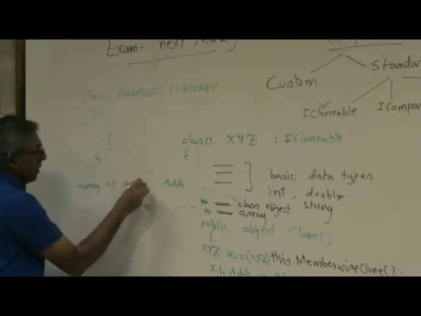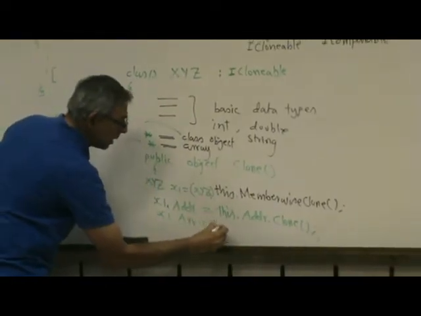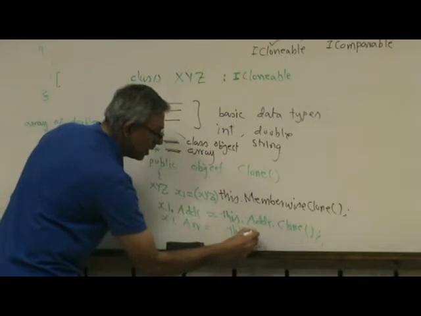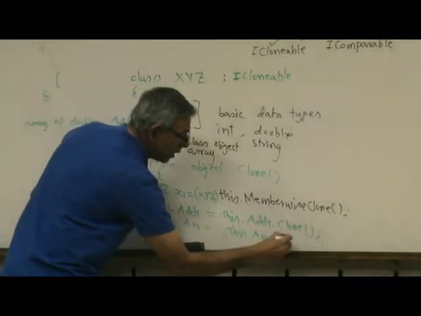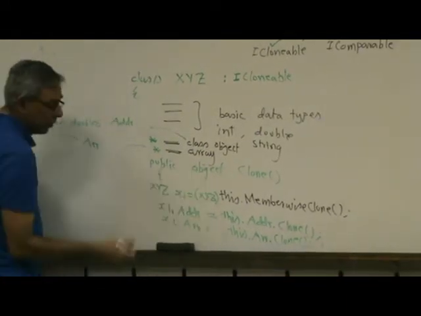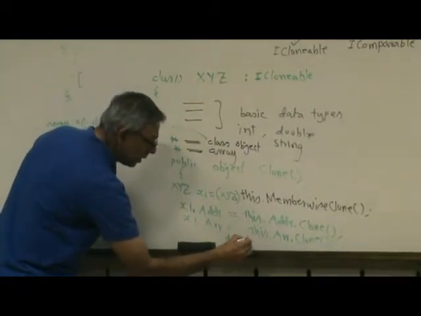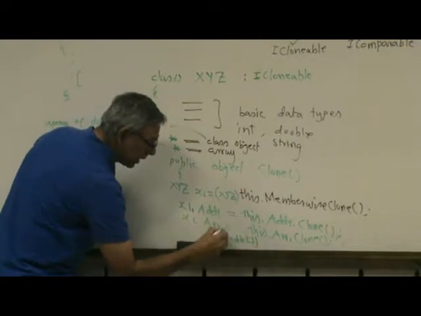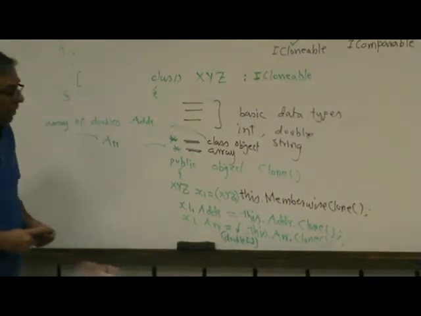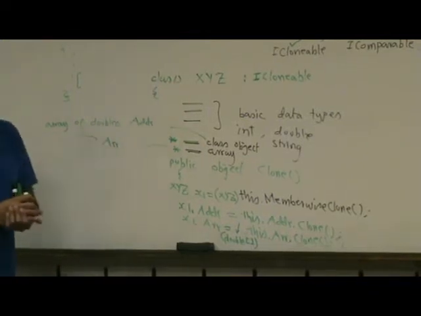If that's the case, then what will you do? You will say x1.arr equal to this.ARR.Clone, right? But then Clone always returns an object. So what should we do over here? We will typecast it to double[], with parentheses, and then this thing will go over here, right? So this way we can implement the cloning properly, okay?